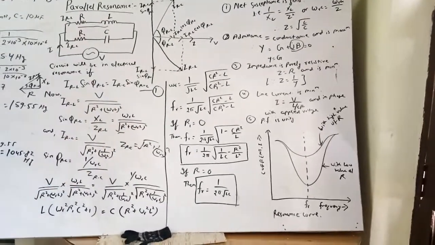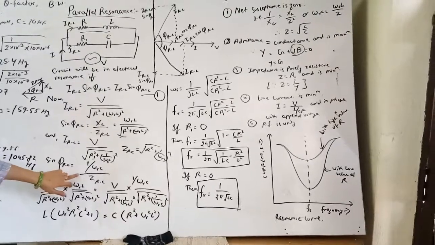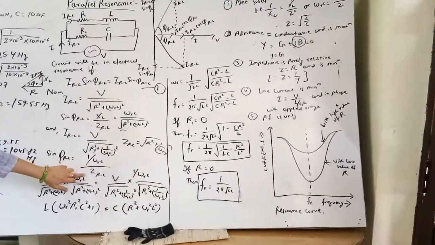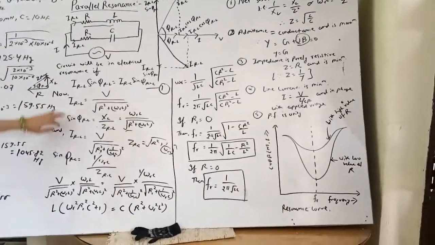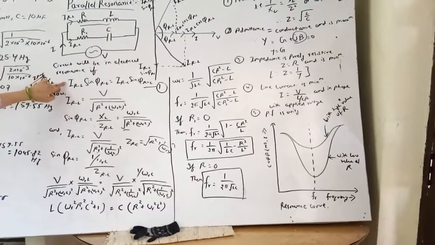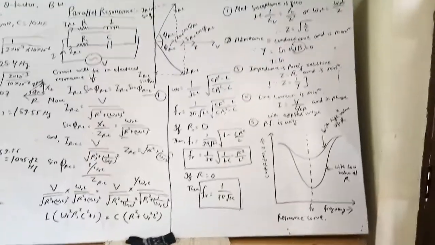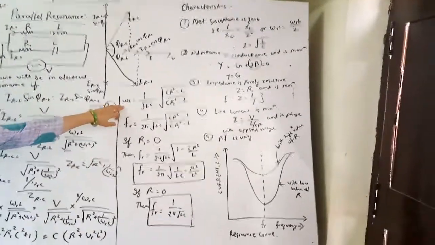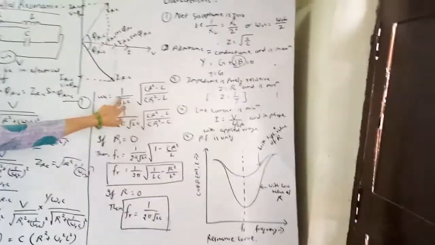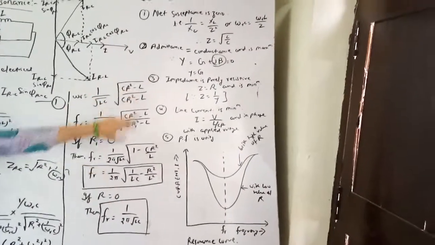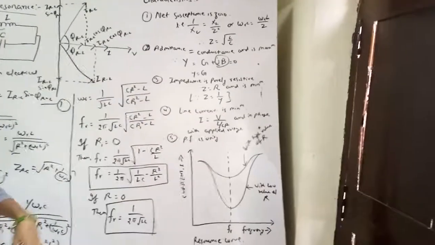Now similarly sin phi RC we have calculated from the impedance triangle, that is 1 upon omega C upon ZRC. Put all these values in equation 1. You can solve and simplify this and find the value of omega R. So it is coming 1 upon root under LC, root under the expression involving CR square minus L upon CR1 square minus L.